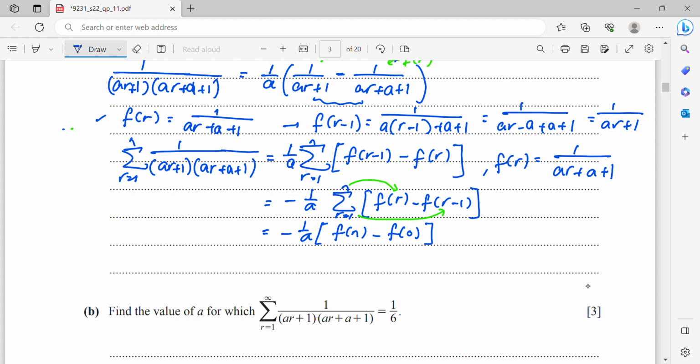So now, to get the f(n), you just replace the r by n. So it will be negative 1 over a, then 1 over an plus a plus 1 minus f(0), means that r is 0 now. So when r equals 0, you get a plus 1. Okay, so that's the solution for the first part.